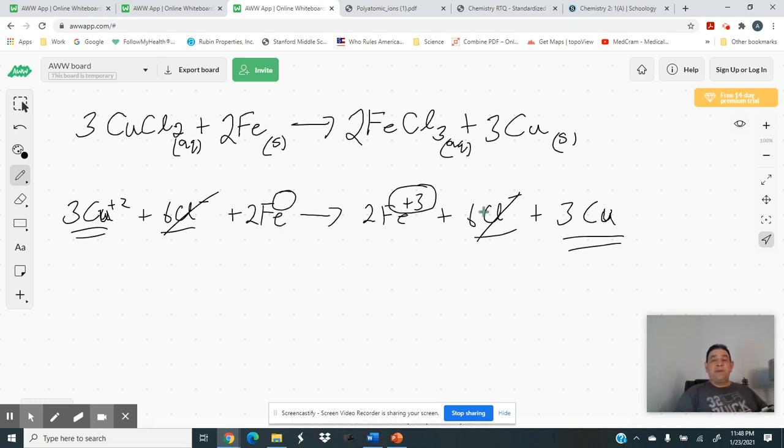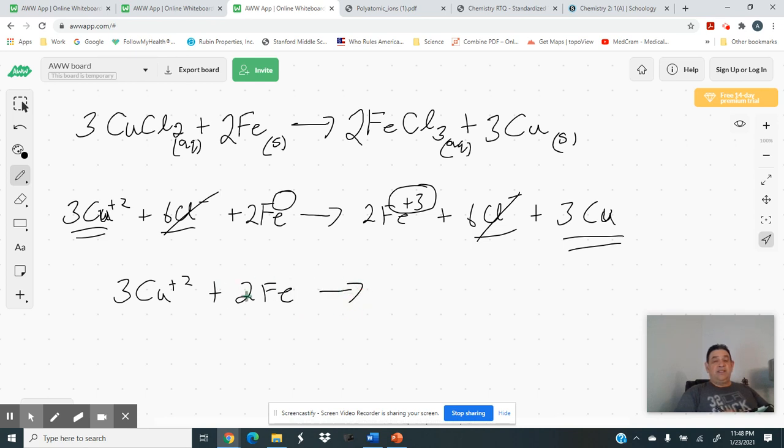The only way you cancel them out is if they have the same element and the same charge. Sometimes you have an iron 2+ turning into an iron 3+. You don't cancel those out. You only cancel them when they're identical. So these we don't cancel out. We're just going to write it as 3 copper 2+ ions plus 2 iron atoms.